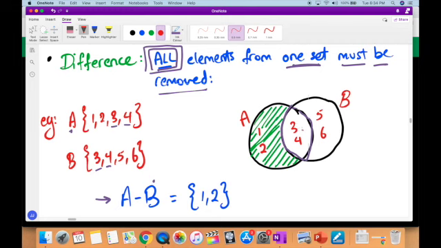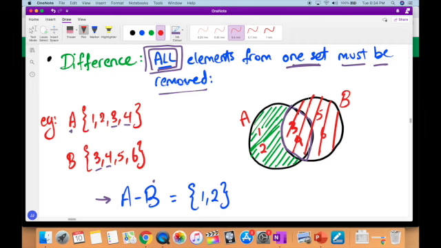Now at the end of the day, remember this 3 and this 4, that is part of the set A. But it's also part of set B. And I don't want nothing to do with set B. So set B is getting thrown away.